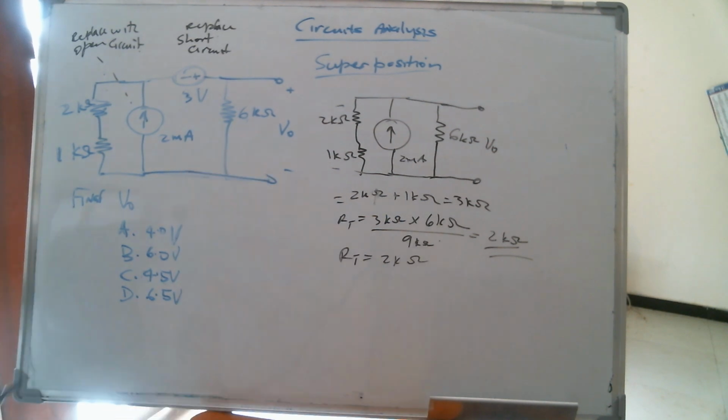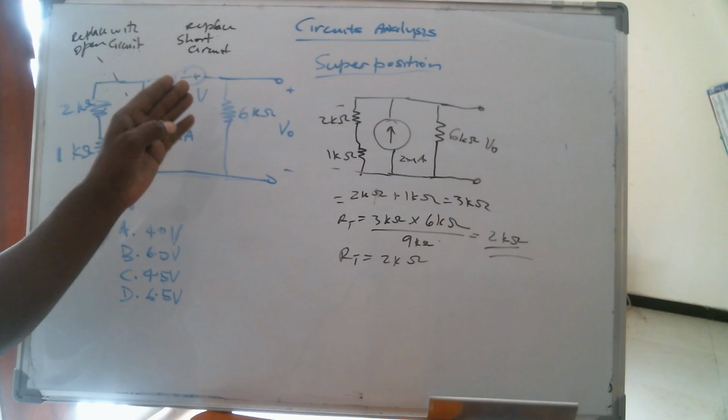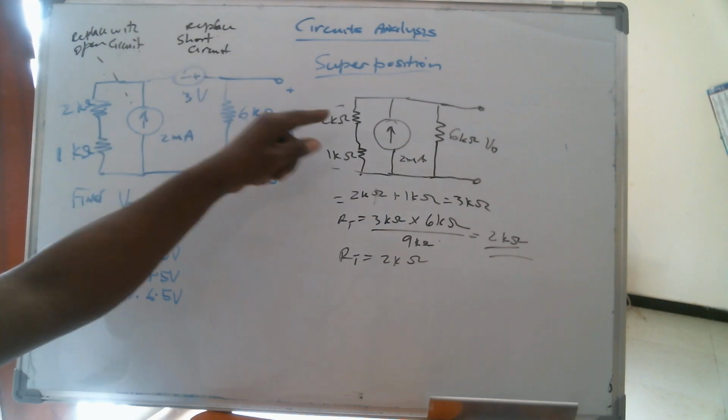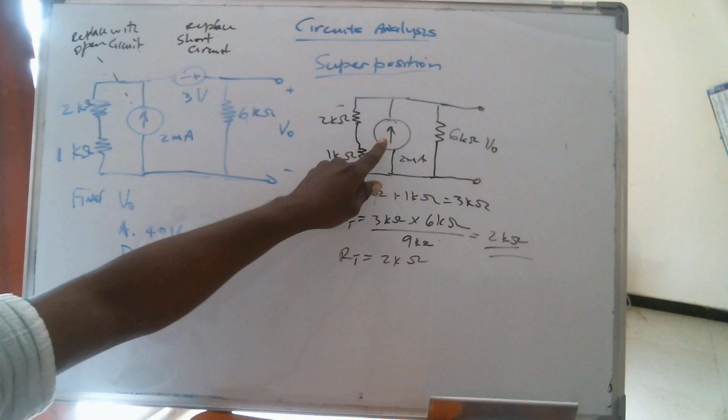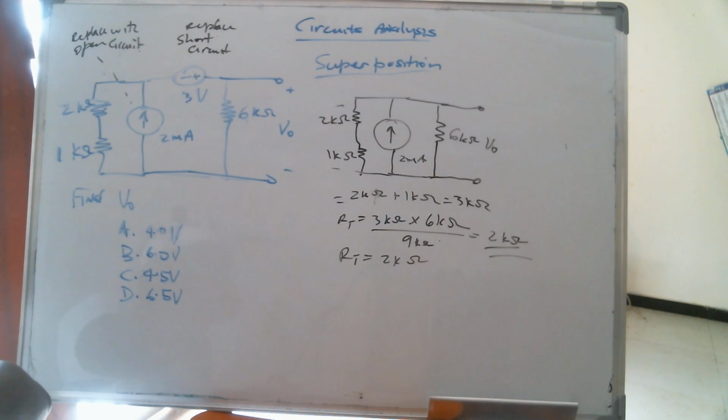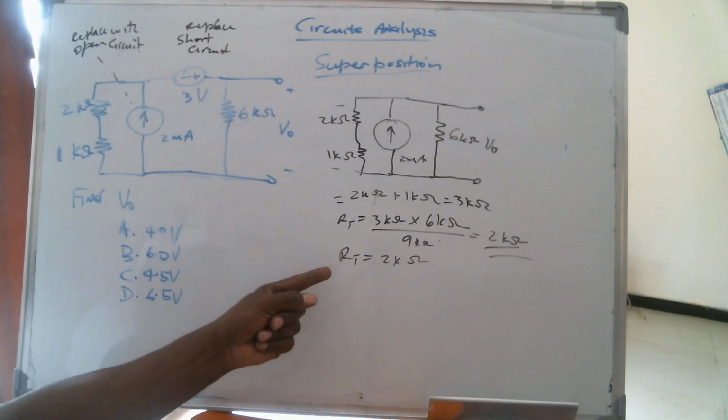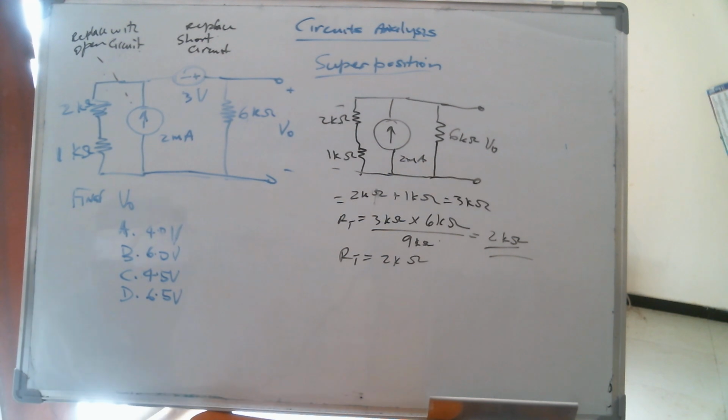And as we said before, we're using superposition here, which means we turn off the voltage source with a short circuit, which would have been here. So you only have the current source in the circuit. So the total resistance comes out to be 2K ohms.